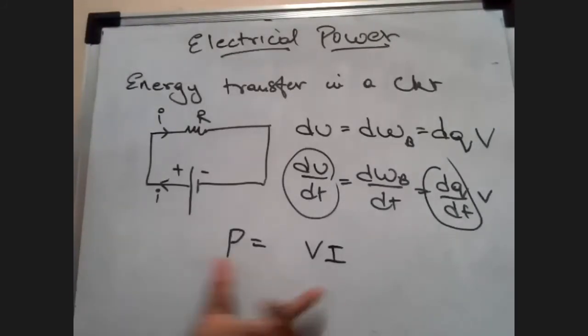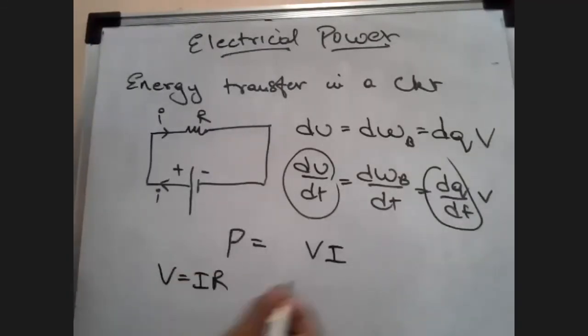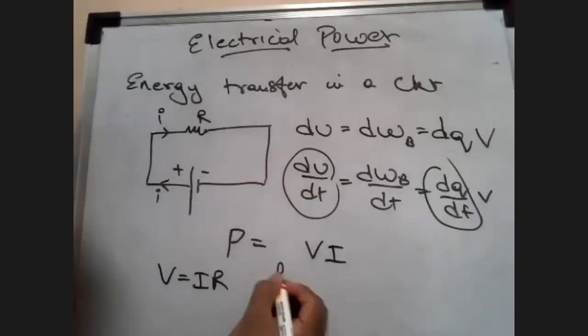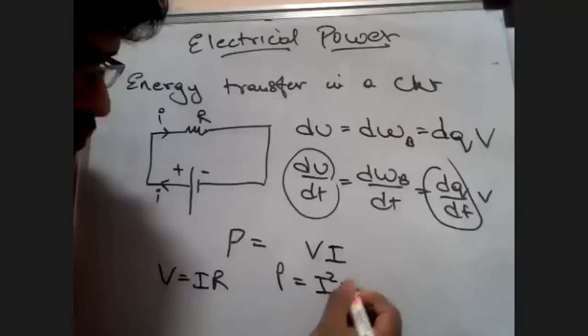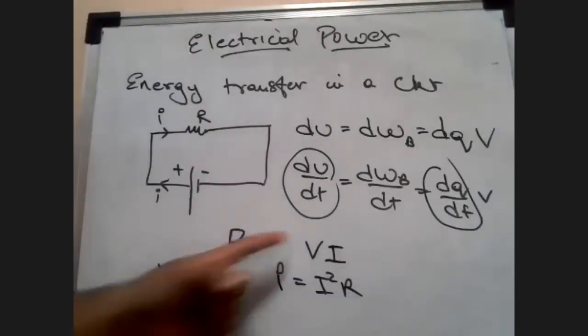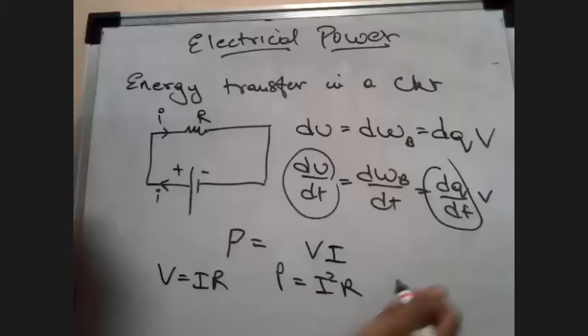Now from this basic equation, we can derive two more expressions. How? We know V is equal to IR. Substitute V equals IR over here. What will you get? I square R. If I substitute I equal to V by R, what will I get?